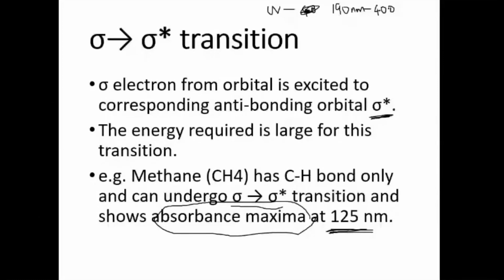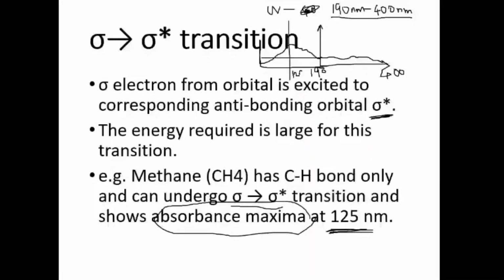Remember this. Over this range of electromagnetic radiation, methane CH4 will not absorb UV light. But yes, if you can take the UV spectra even below 190, you will get maximum absorbance at 125 nanometer.